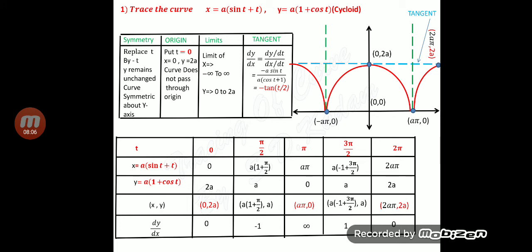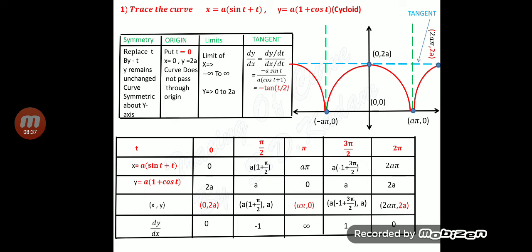We have considered our first cycloid: x equals a into sin t plus t, y equals a into 1 plus cos t. Symmetry is simple. For every cycloid, the general form of cycloid, y always contains cos, therefore it is symmetric about the y-axis. And origin, limits and tangent we will get from the table, and the table is fixed, that is 0 to 2 pi for every cycloid.